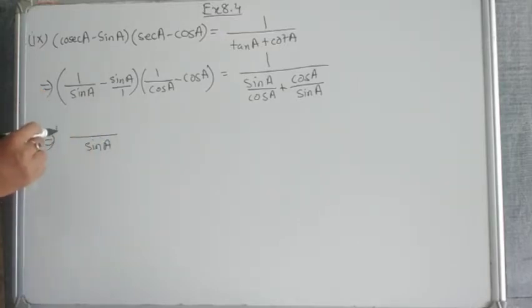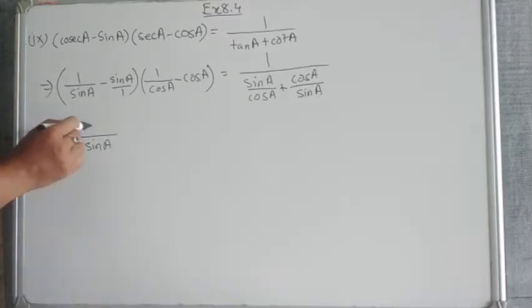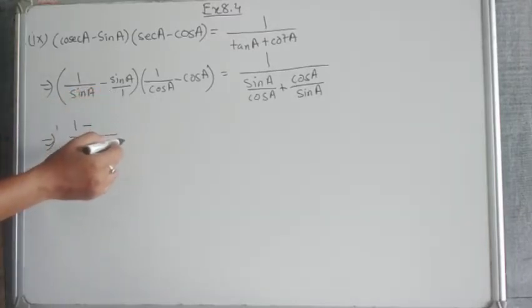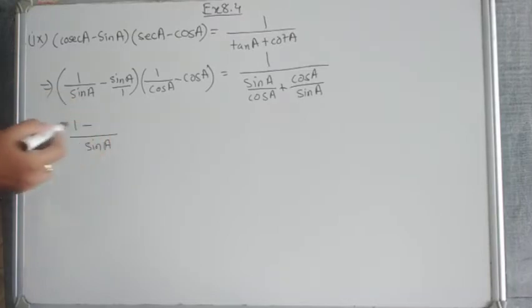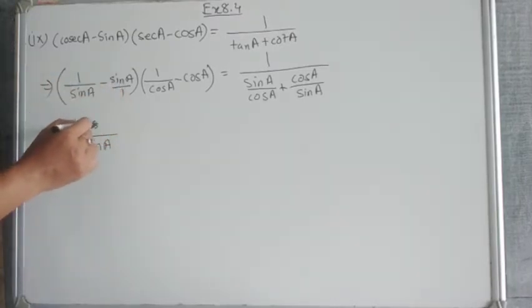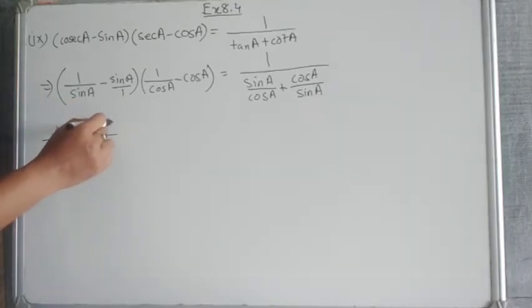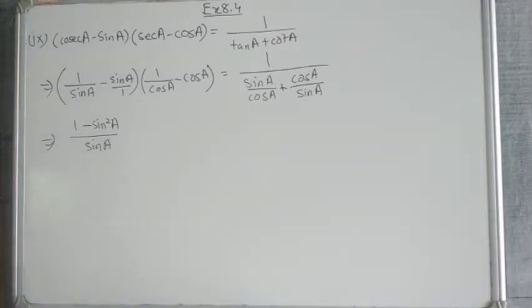Sin A into 1 gives me sin A. 1 into 1 is 1, minus 1 into sin A is sin A, and sin A into sin A will become sin A whole square, or I can write sin square A. Is it clear?